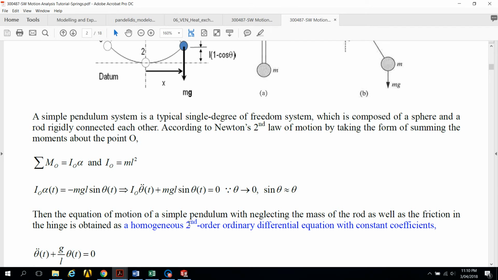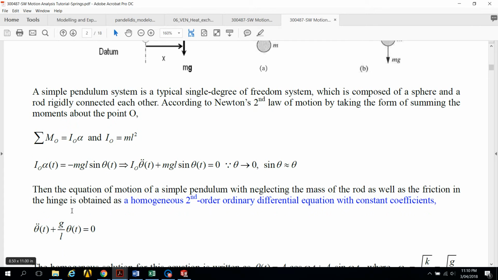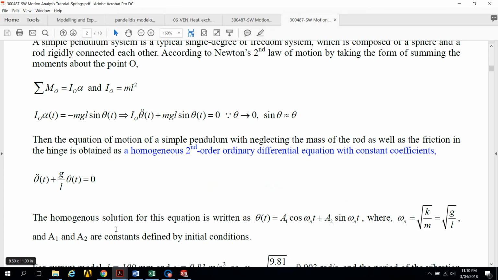Then the equation of motion of the simple pendulum, neglecting the mass of the rod as well as the friction of the hinge, is obtained by a homogeneous second order differential equation with constant coefficients, as we can see here. We're talking about the acceleration and the displacement angle.